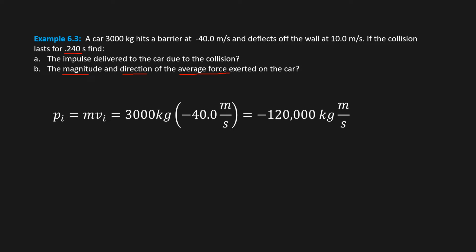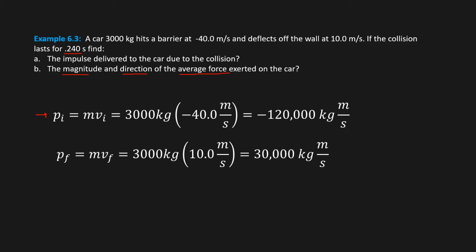Okay, so the first thing to do is take the initial momentum and figure that out. Then take the final. Both of these will have different velocities. The masses will be the same, of course. And so we get our initial momentum here, and we also get our final momentum right there.